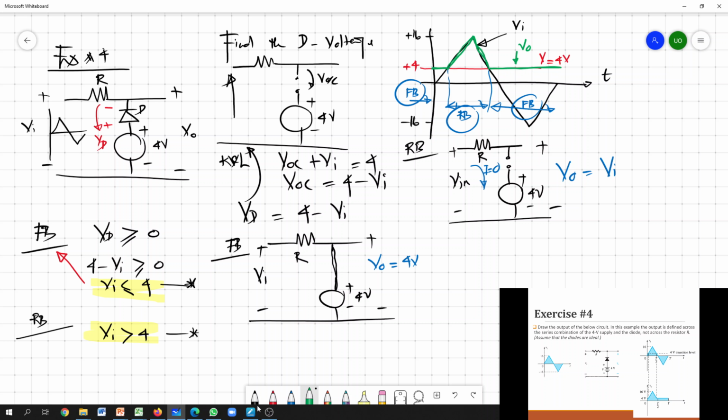We can change the polarity of the biasing voltage, we can change the orientation of the diode, we can change the resistor. I mean, we can push this resistor to this branch, so we can put the resistor here and the diode and the sources here. So we can have different combinations.